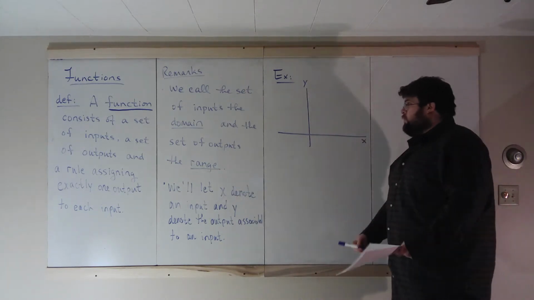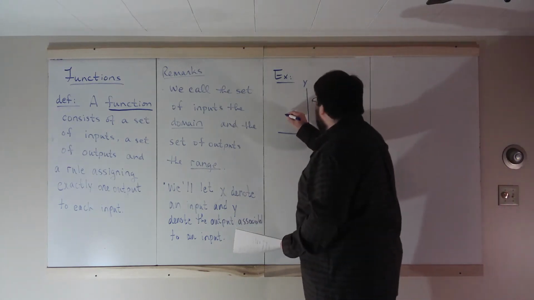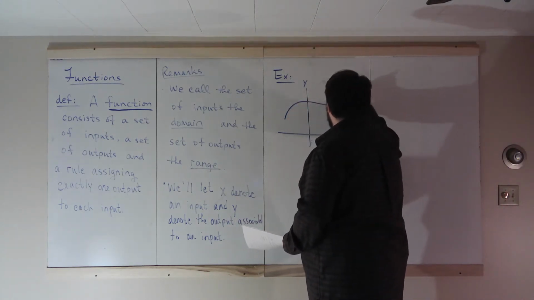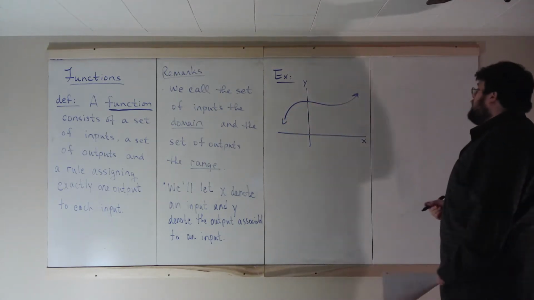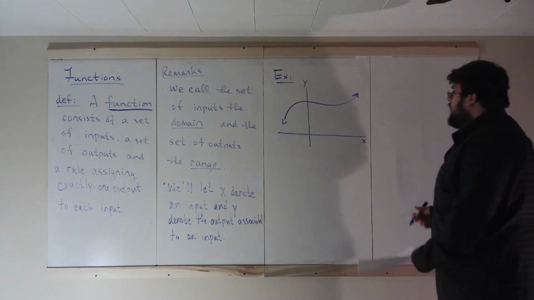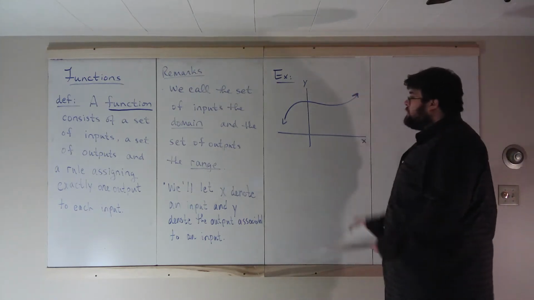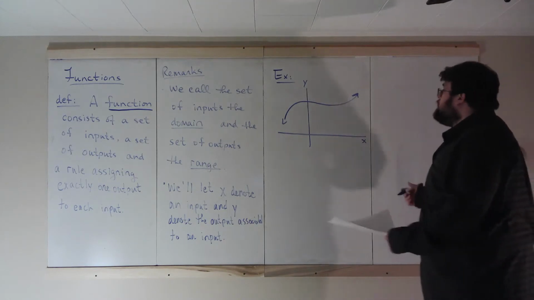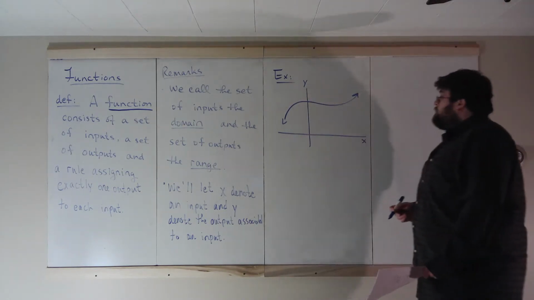The vertical y-axis will be our outputs. And let's say this squiggly line represents a set of inputs and outputs. We'll have a couple examples. The question for all of these will be, is this a function? Does this line represent a function?